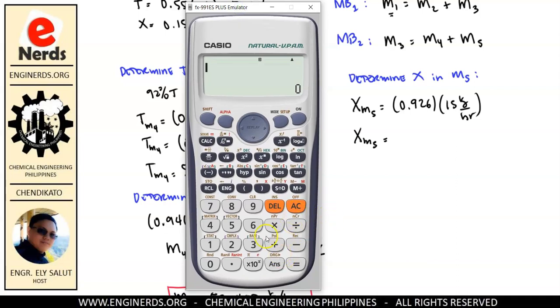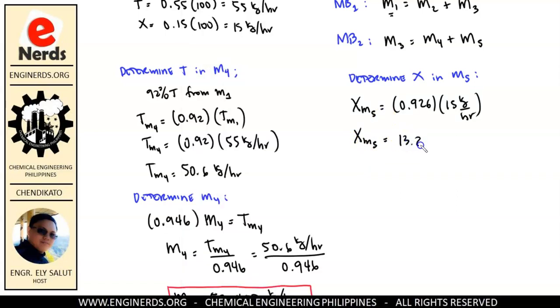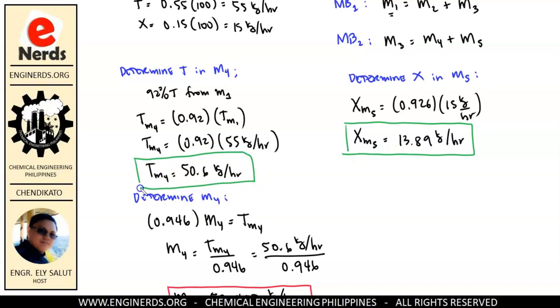We have 0.926 times 15 is equal to 13.89. Okay, so let us write that here. 13.89 kilogram per hour of X in our M5. Okay, so let us box this para na-identify natin yung ating mga sagot. Okay, so here we have the toluene in M4. Okay, so green ang mga composition natin, red is our main streams.